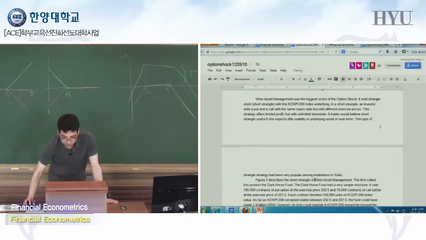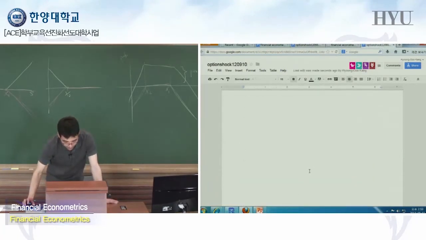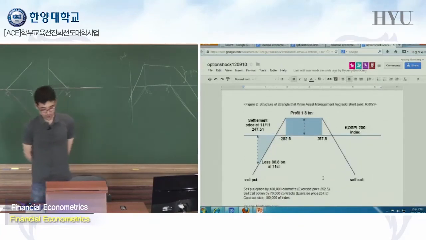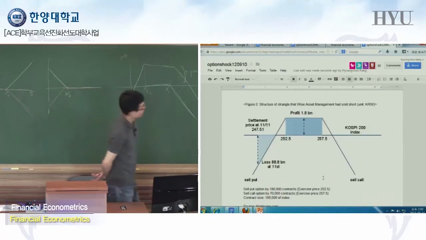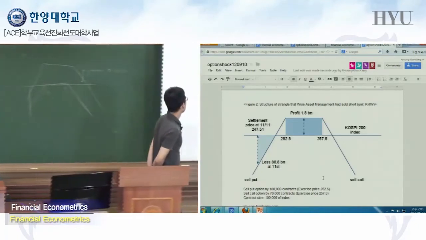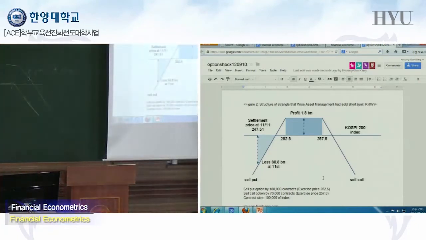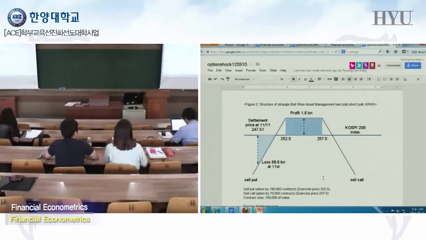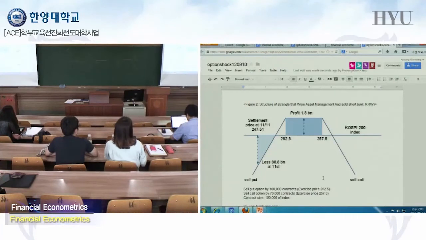Okay. This is YSM Asset Management. So what they did is that they sold put options of 180,000 contracts with an exercise price of 252.5.